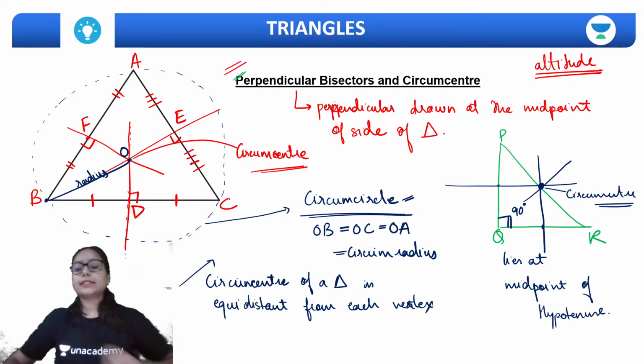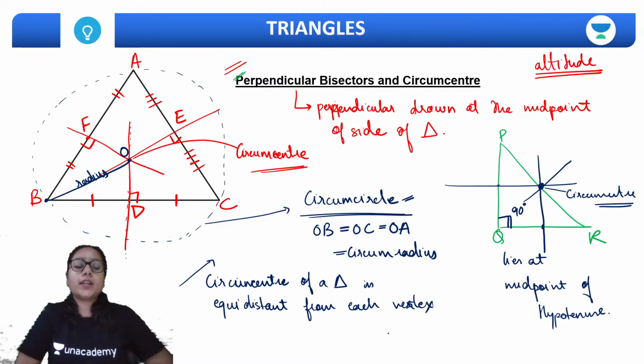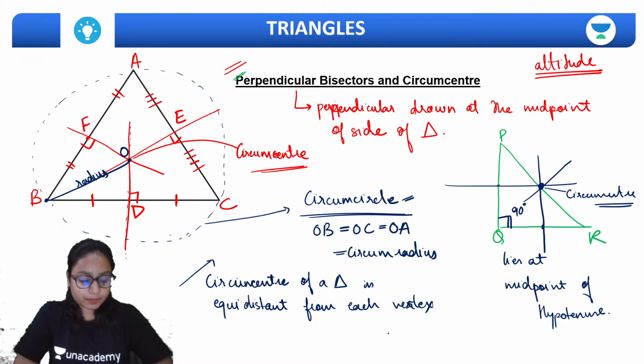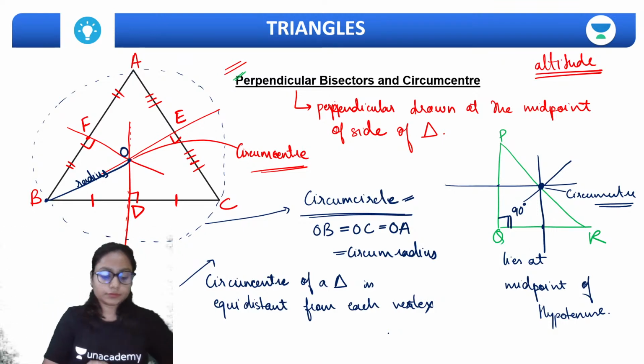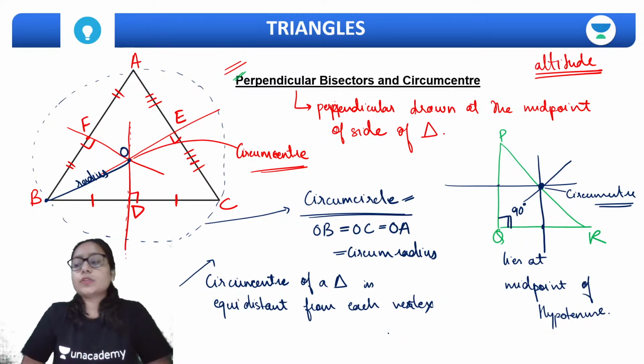Please answer. Is this a true statement or a false statement? Circumcenter is equidistant from each vertex. True? Yes. Correct. This is a true statement.